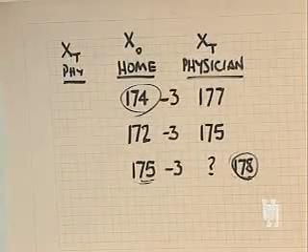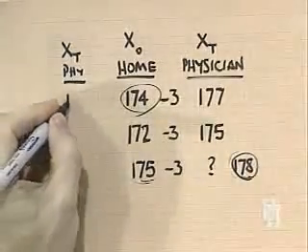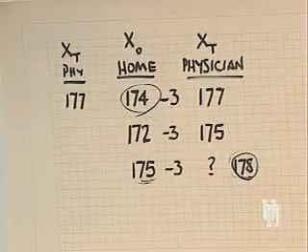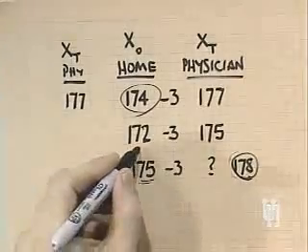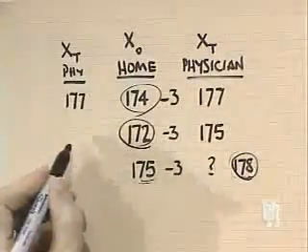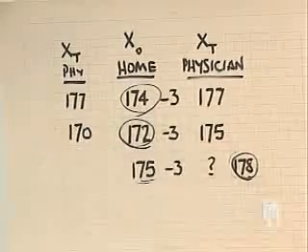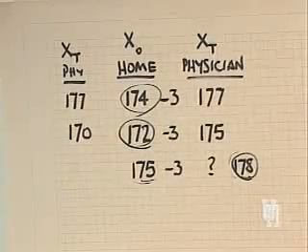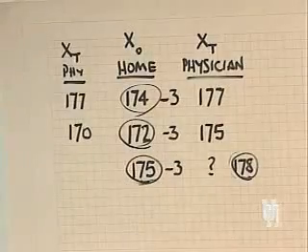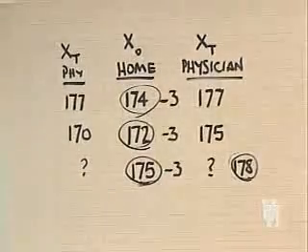You get on these magic scales, handed down by the gods, error-free. And once again, the physician's scales indicate that you weigh 177 pounds. You weigh yourself at home a second time, and you weigh 172 pounds. And you go down to the physician's office, and the physician's scales tell you that you weigh 170 pounds. You get on your scales at home a third time, and they tell you that you weigh 175 pounds. What is your true weight?